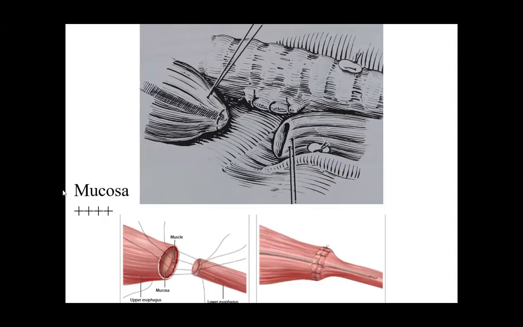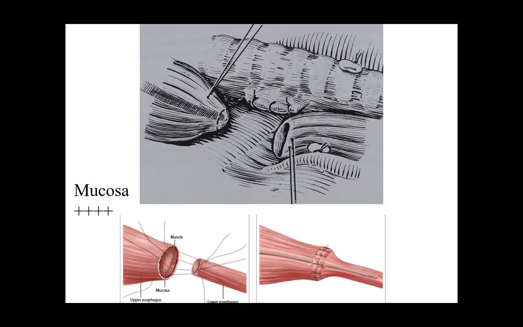It's very important to take the mucosa when you perform your anastomosis. If you do not take the mucosa, you will have a fistula. So usually we begin with the posterior wall with interrupted sutures. Afterwards we ask the anesthesiologist to push the gastric tube so that it advances to the stomach, and afterwards we close our anterior wall.